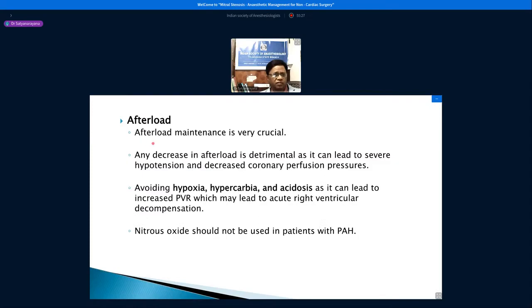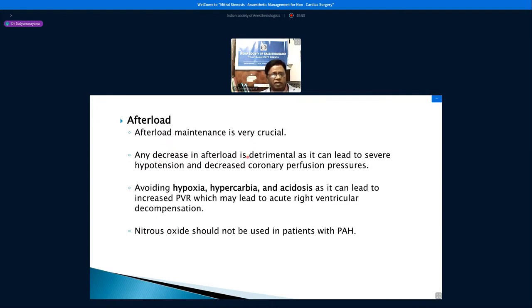Afterload: maintenance of afterload is very crucial. Overall, our anesthetic agents impact myocardial contractility and afterload. Most of our anesthetic agents depress the myocardium and decrease the systemic vascular resistance. So any decrease in afterload is a catastrophe, and the patient cannot tolerate it.